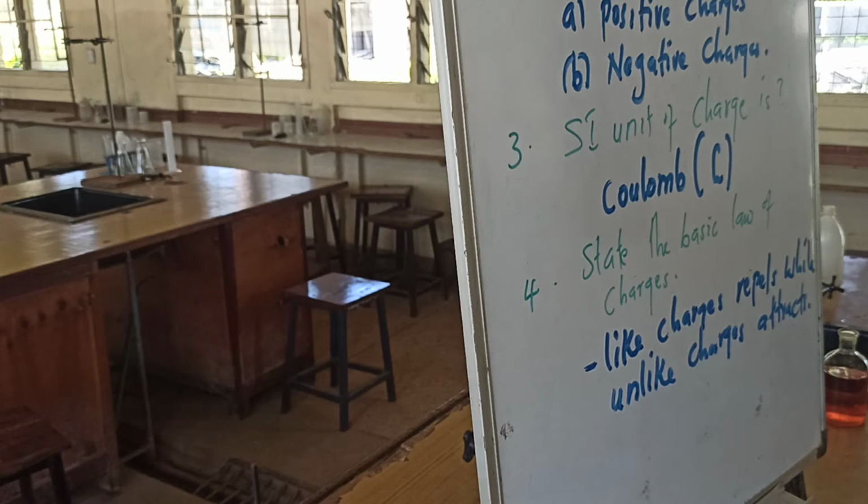In essence, if you bring a positively charged body close to another positively charged body, they'll repel each other. However, if you bring a positively charged body close to a negatively charged body, they will attract each other.